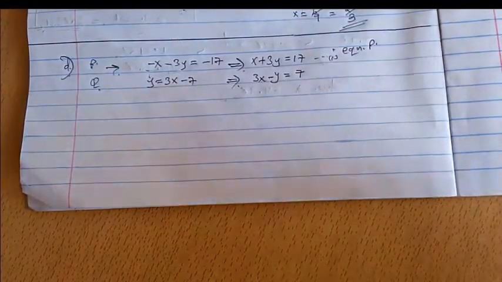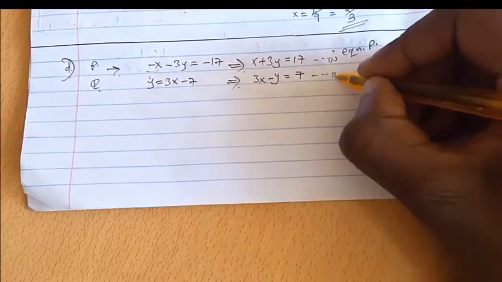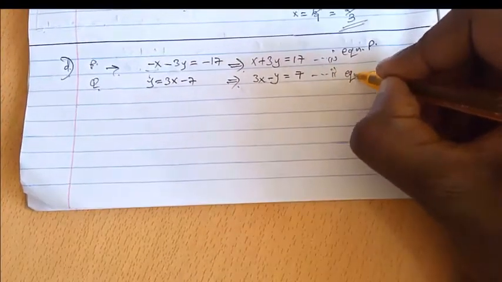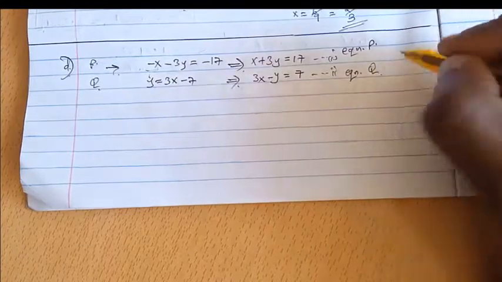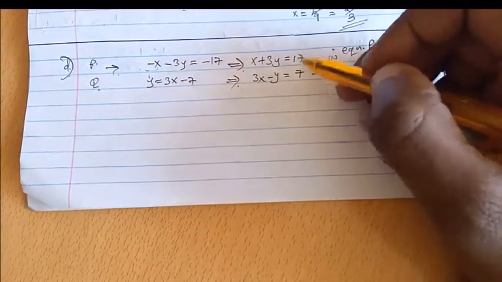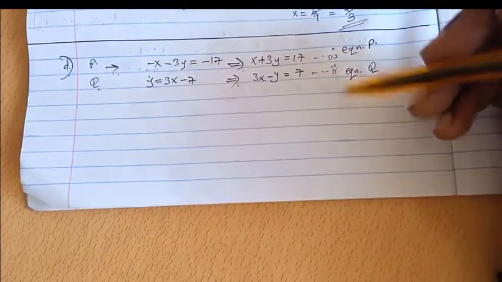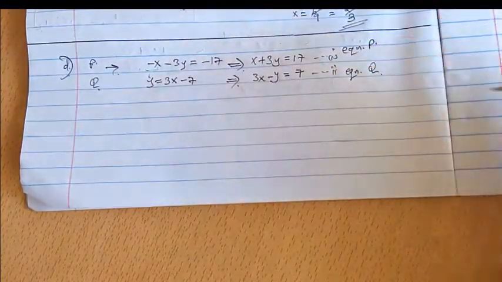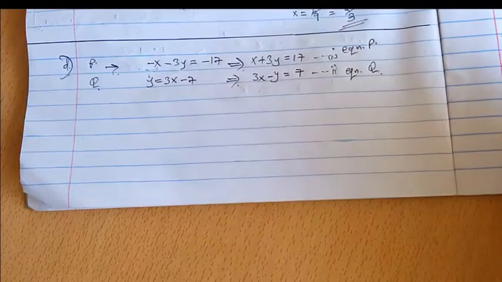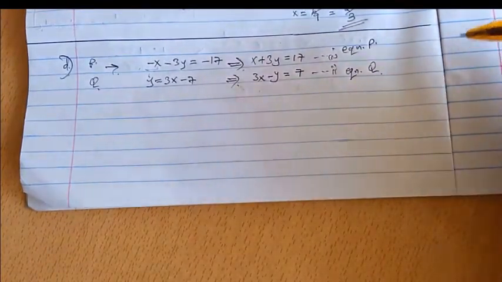From here we can solve these two equations because they are simultaneous equations. Simultaneous equations are equations which are meeting at a common point. And there are very many methods of solving a simultaneous equation. Now, oops, sorry for that.